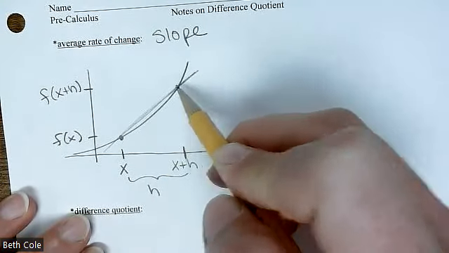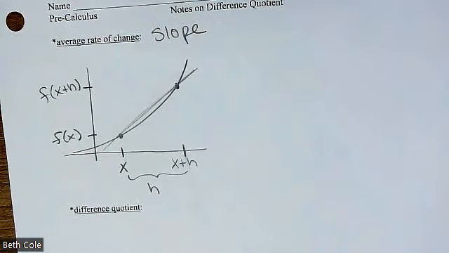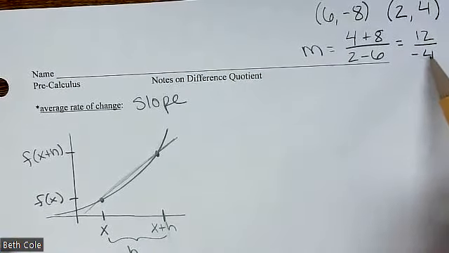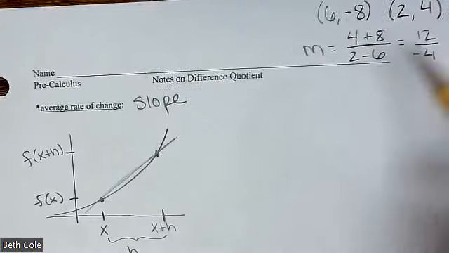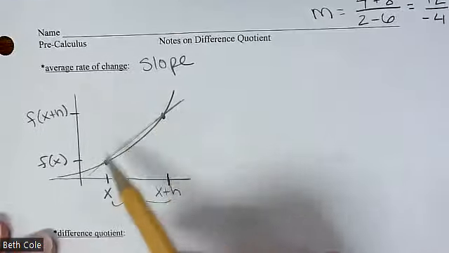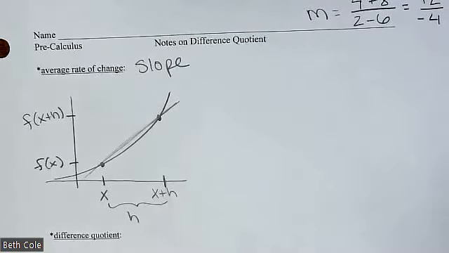Like if you were to connect them, what is the slope of that line? That's what we're going to find, okay? Exactly the same way that we did this up here, just instead of numbers, you're going to have x's and h's and stuff in it. Algebra, calculus. See what I'm saying?